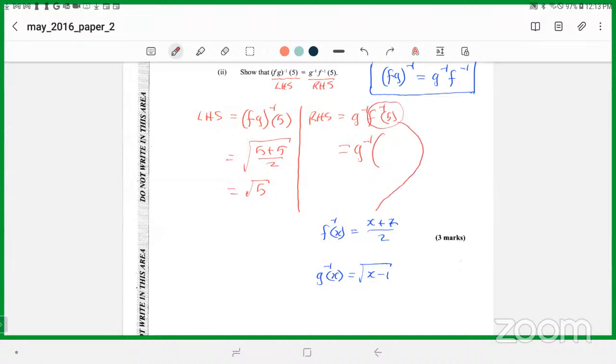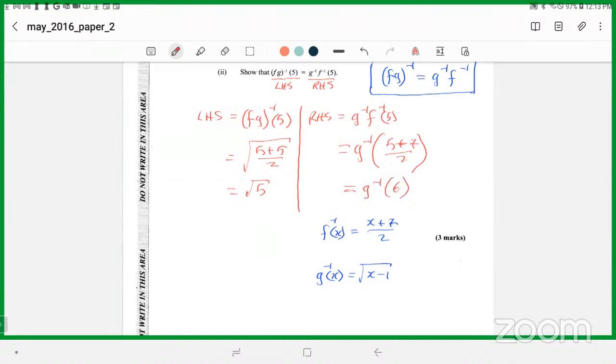So it becomes (5 plus 7) over 2. 5 plus 7 is 12, 12 over 2 is 6. So this really becomes g to the minus 1 of 6.